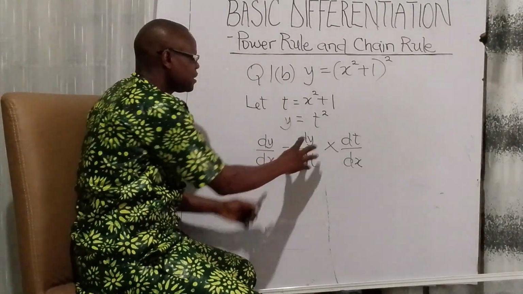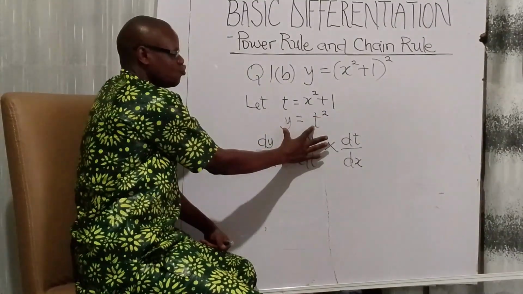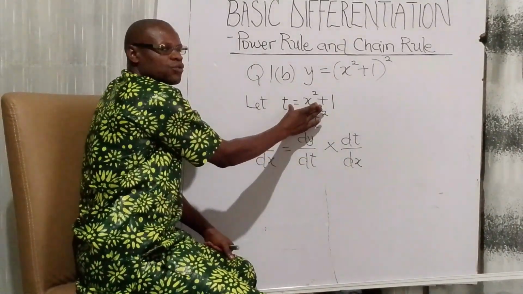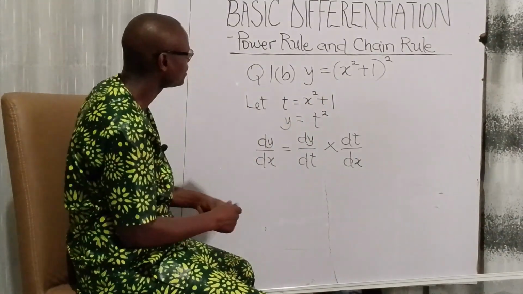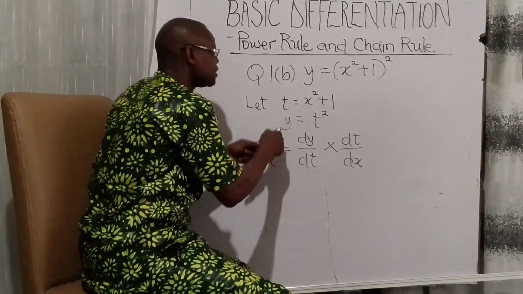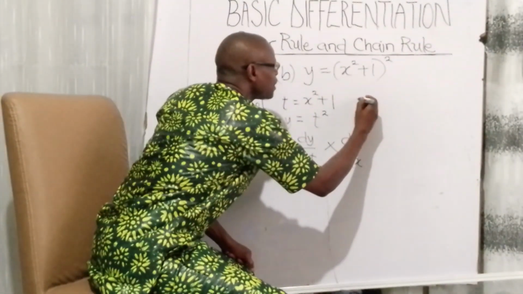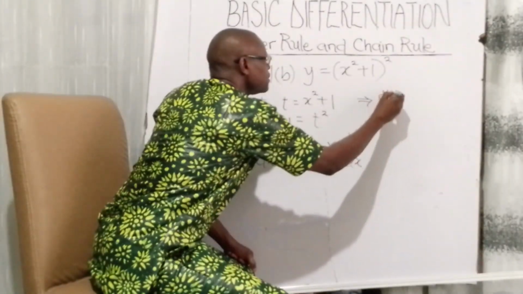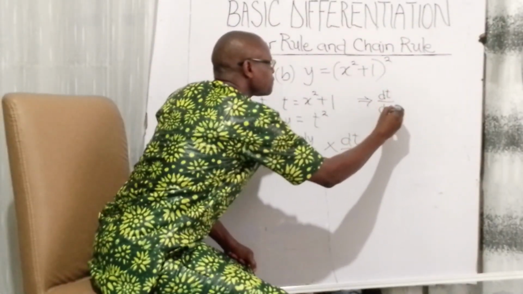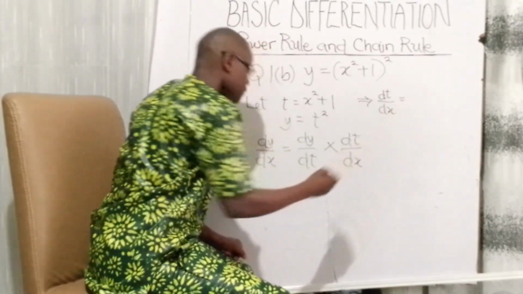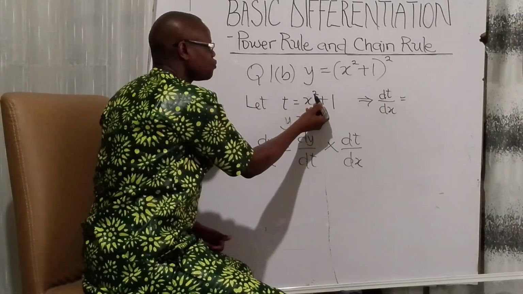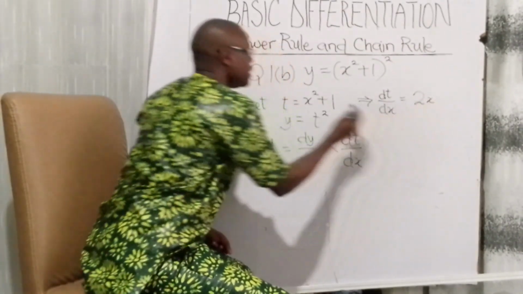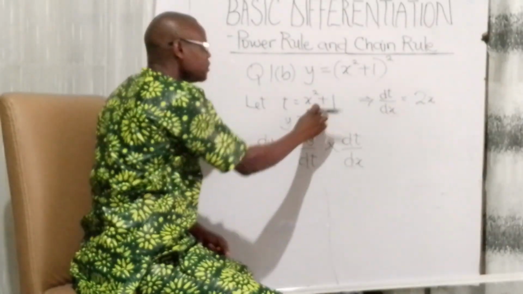So we can easily get this from this equation, and we can get this from the upper equation here. So let's see how to go about that. If we differentiate t, we have dt/dx here, which will give us 2x. Don't forget that this is a constant, it becomes 0.